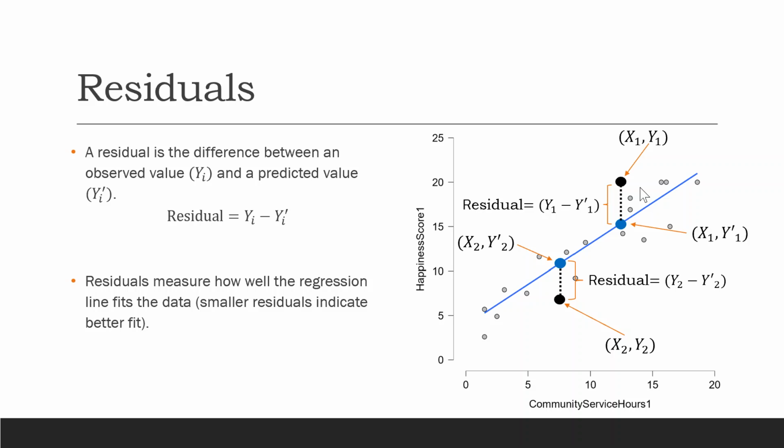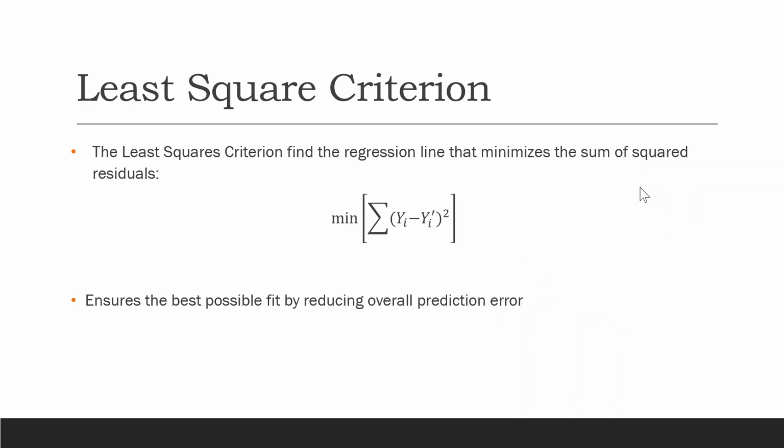So when we're trying to figure out what's the line of best fit, we have to figure out which line would minimize those vertical distances there. That is the least squares method or the least squares criterion.